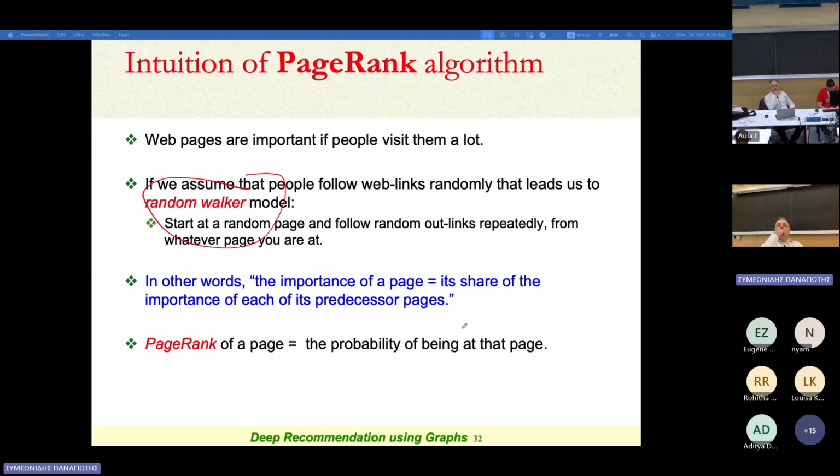This random walker starts its journey, and we want to compute the probability of finding him, after his journey, at a node of the graph, at a page.